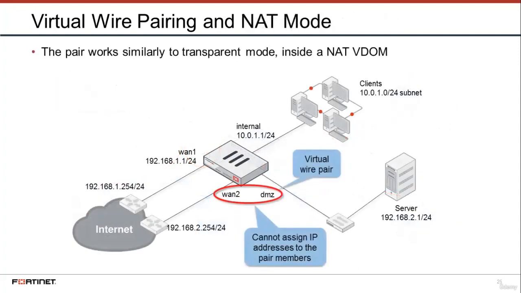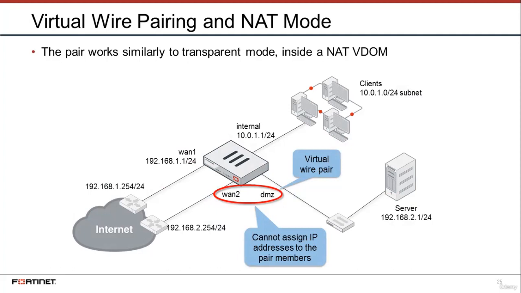Virtual wire pairing in NAT mode. This slide shows an example of a virtual wire pair on FortiGate operating in NAT mode. In this example, IP packets ingressing interfaces WAN 1 and internal are routed using the IP header information. Those 2 interfaces have different IP addresses and each one forms a separate broadcast domain.